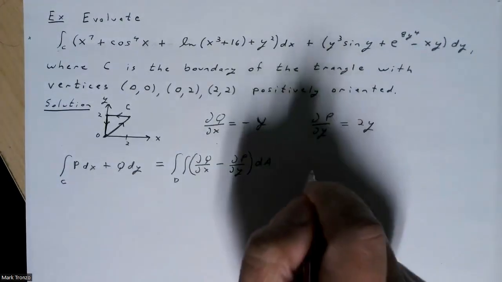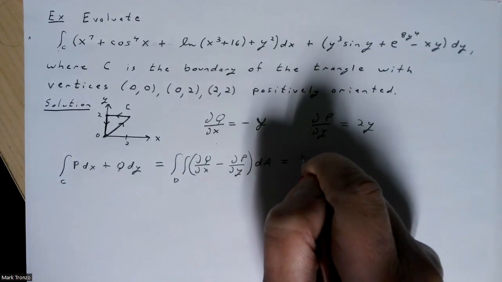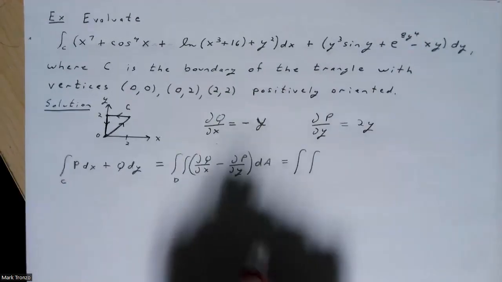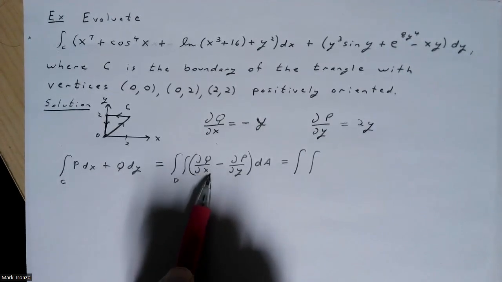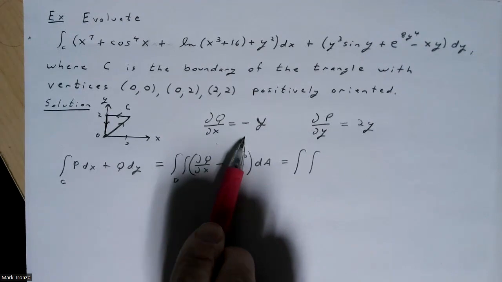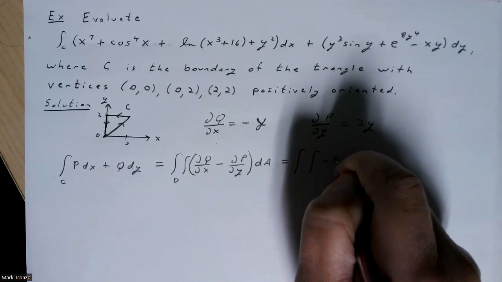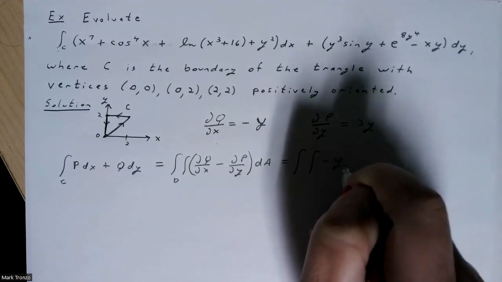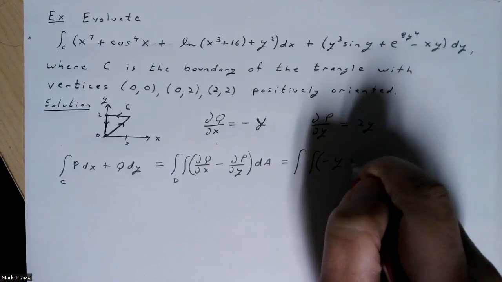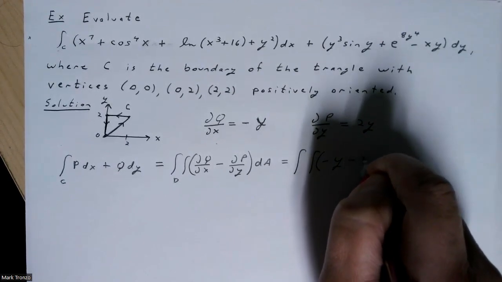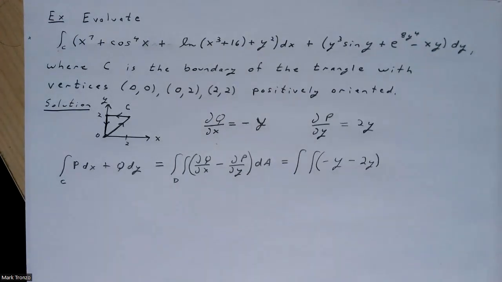And in our case, we found that dQ/dx was minus y and minus 2y, like this.